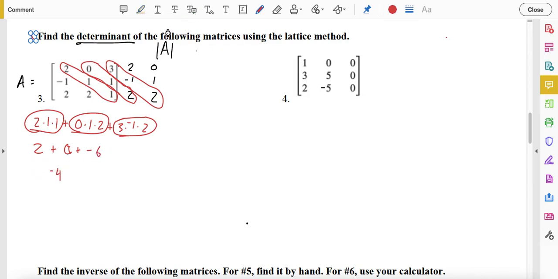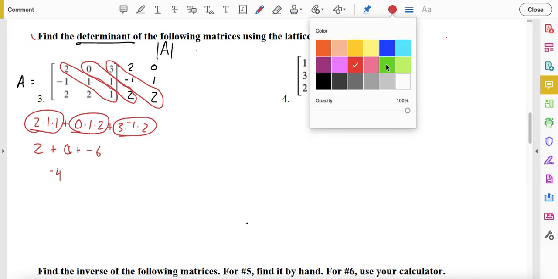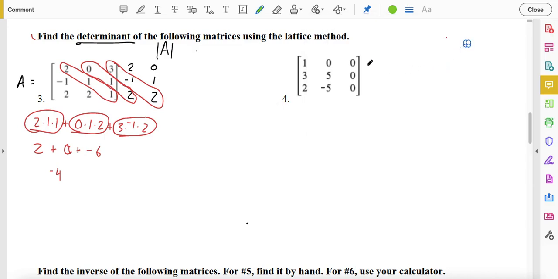Okay, and now I'm going to subtract the product of the green diagonals. So there's the first green diagonal, second green diagonal, third green diagonal. So those three diagonals I'm going to all subtract. So we're going to subtract 2 times 1 times 3, and we're going to subtract again 2 times 1 times 2.